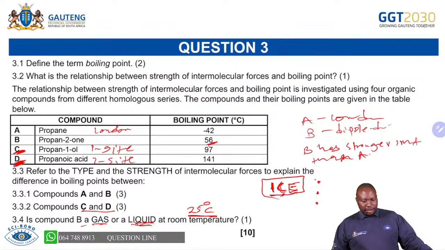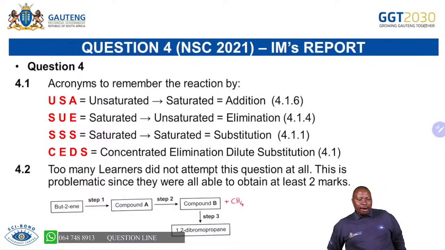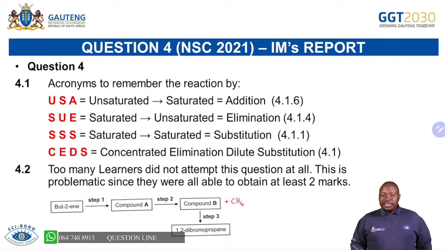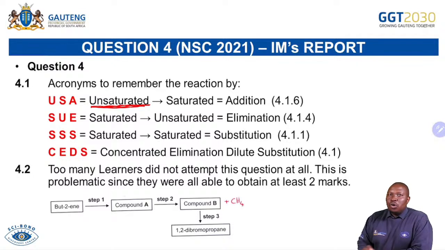In terms of question 3, organic reactions now, without wasting time. We have these acronyms that we are using and we find them useful. Remember, when you are having unsaturated hydrocarbons, you know that the unsaturated molecules can undergo only one reaction for double bonds.